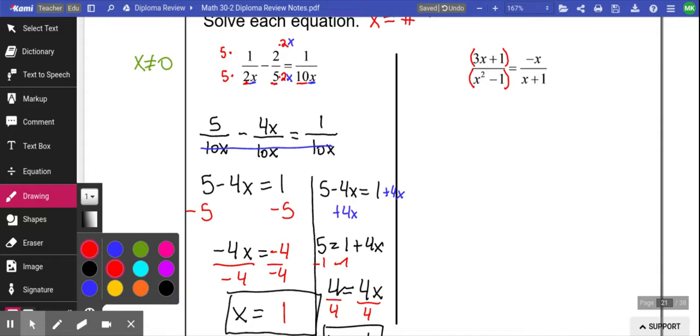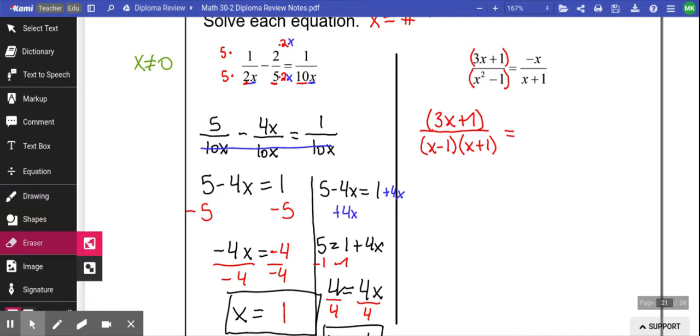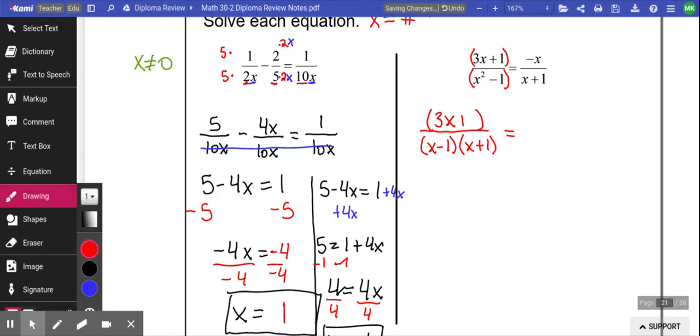Absolutely. So that's a difference of squares. When you factor a difference of squares, you're square rooting everything to get x minus 1, and then you get the same thing but with a plus sign. If you don't factor this problem, it is very hard.